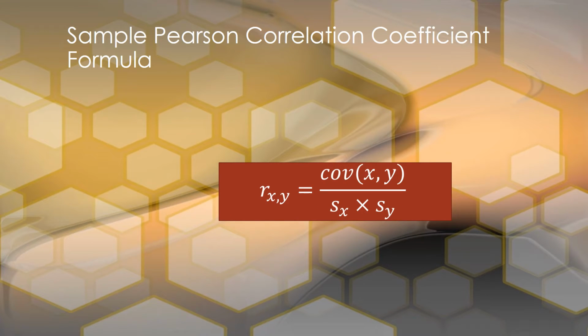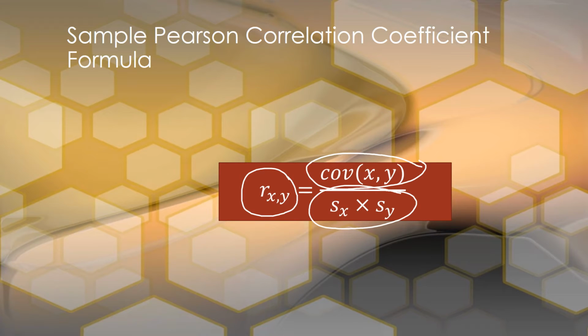And here is the sample Pearson correlation coefficient. And again, we have basically the same formula, but with sample data. And so R is going to be the number for the Pearson correlation coefficient instead of rho. And then we have the covariance of x and y on the top, and then the standard deviations at the bottom, the product of them.